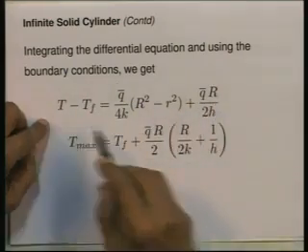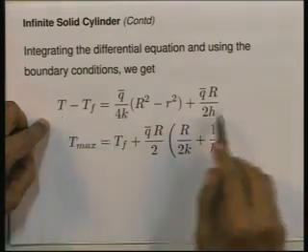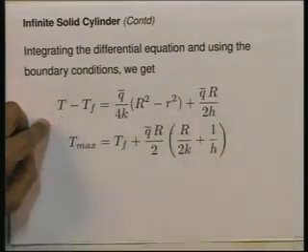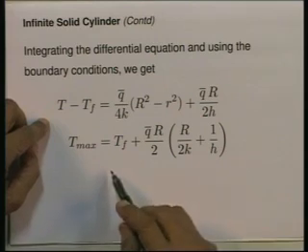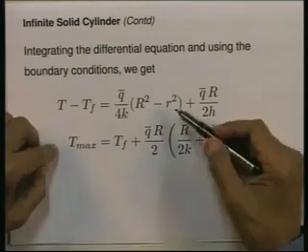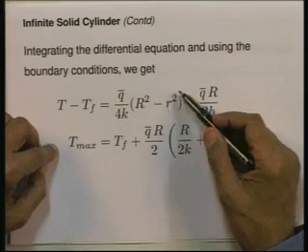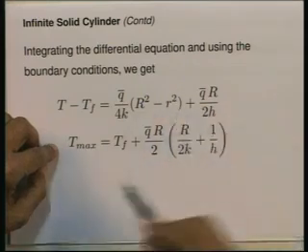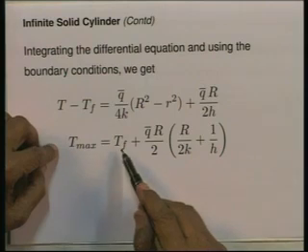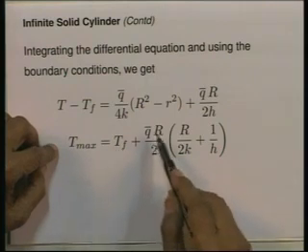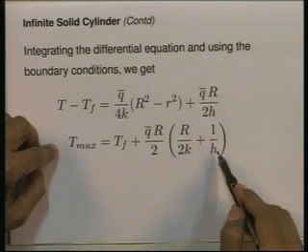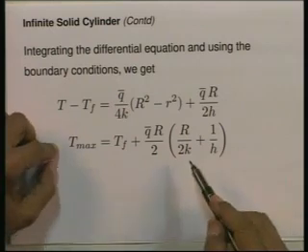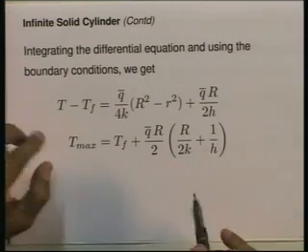This is the equation for the temperature distribution inside the solid cylinder. And the maximum temperature, if you wish to find that out, put small r equal to 0, in which case this term goes to 0 and we get T max is equal to T_f plus q̄ R by 2 multiplied by (R by 2k plus 1 by h). That is the maximum temperature which occurs at the center line r equal to 0.